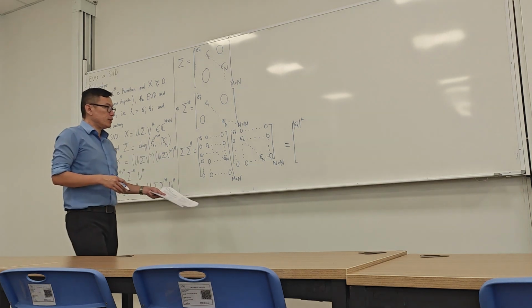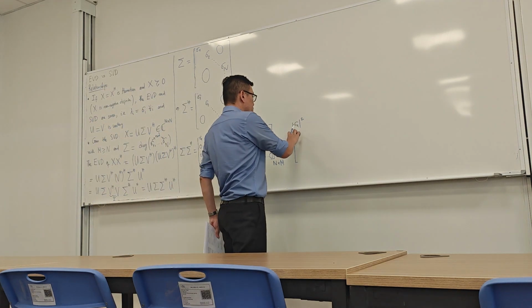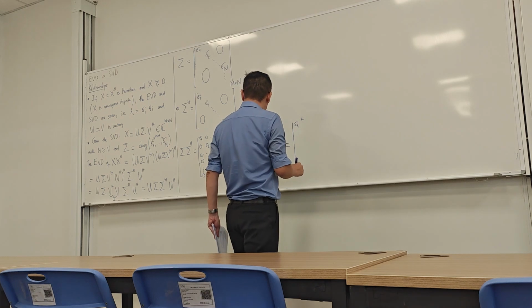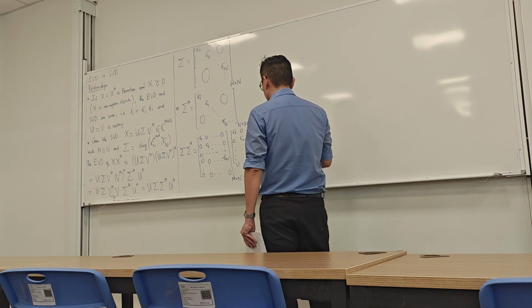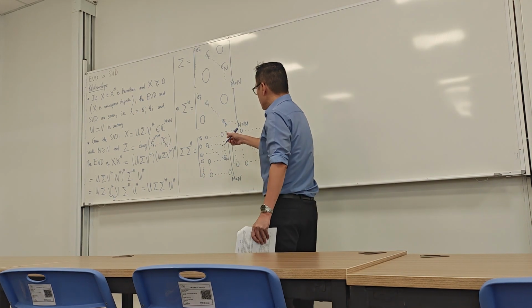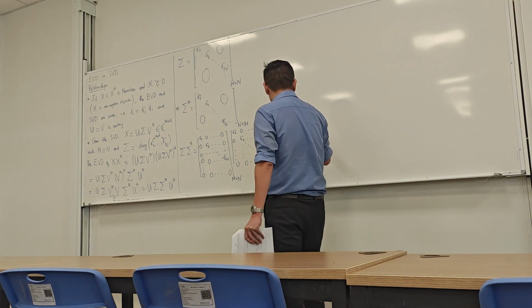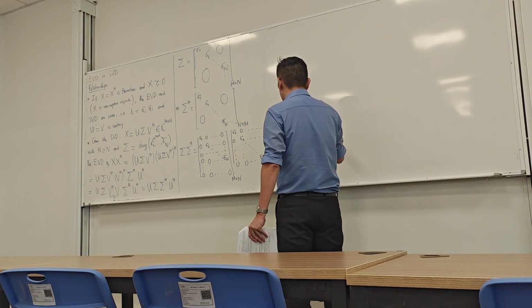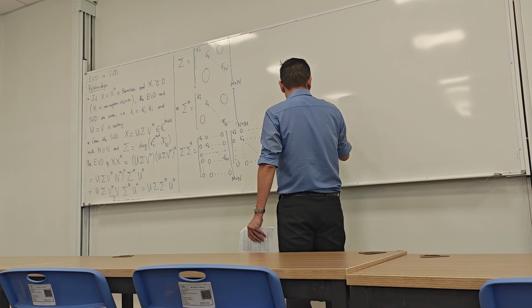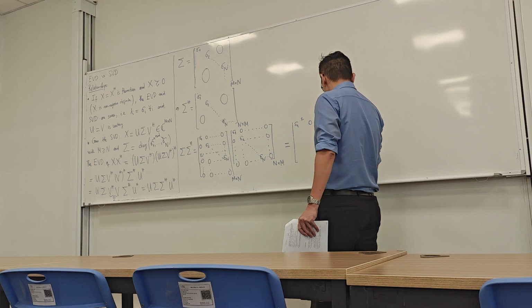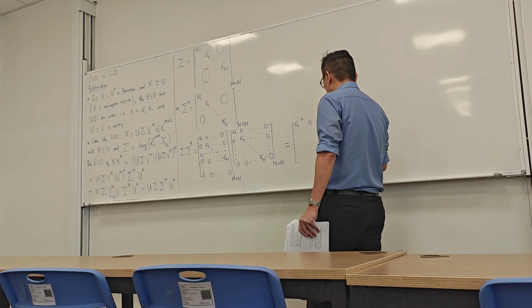So if we do the calculation, we don't have to worry about the modulus because it's a real number, sigma 1. If we multiply this row with this column, then you have 0, and so on. The result is n by n here.